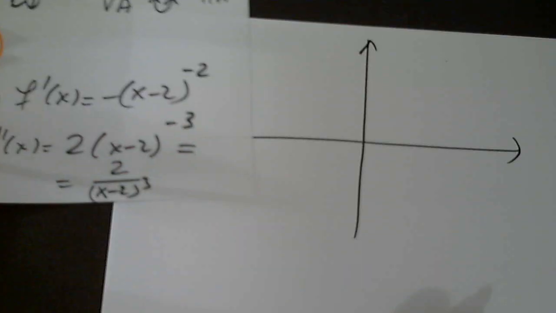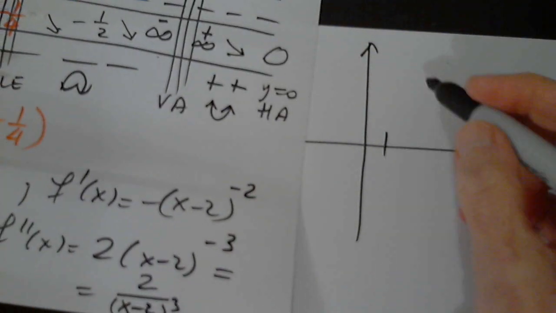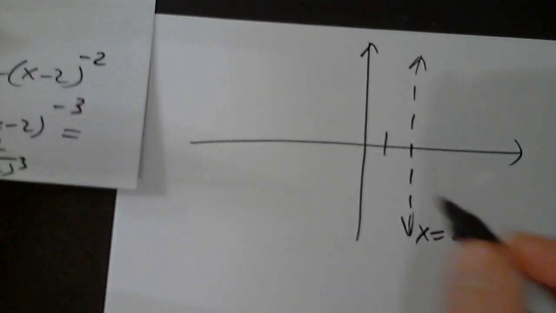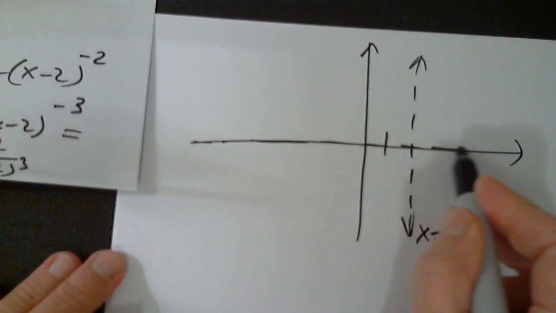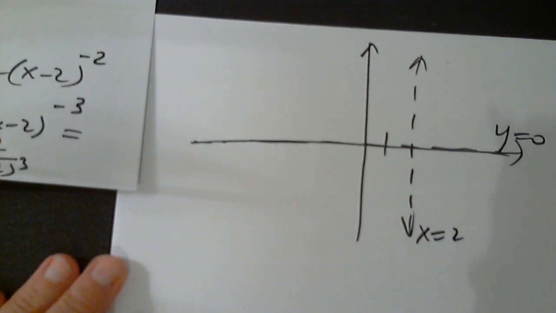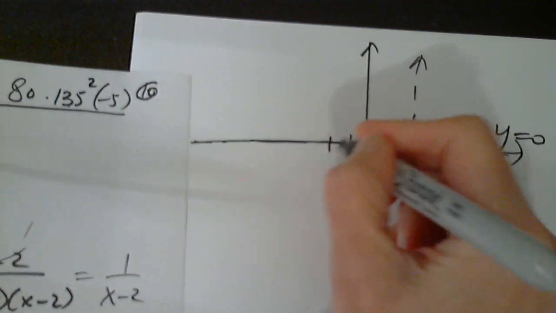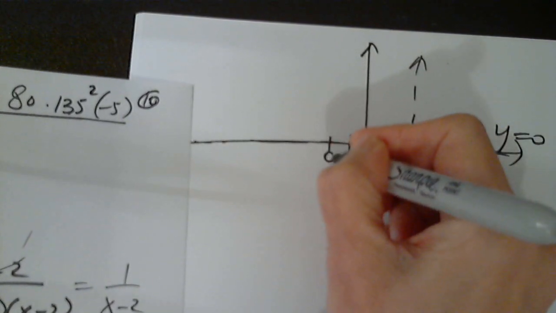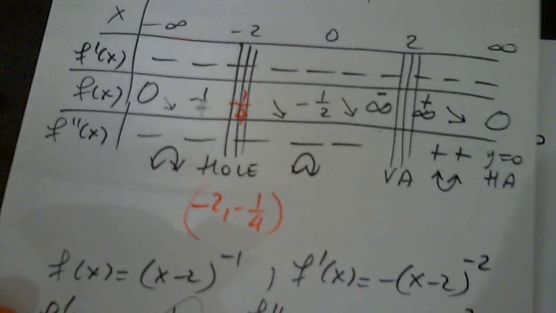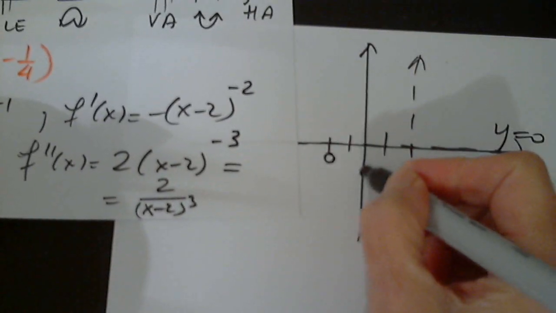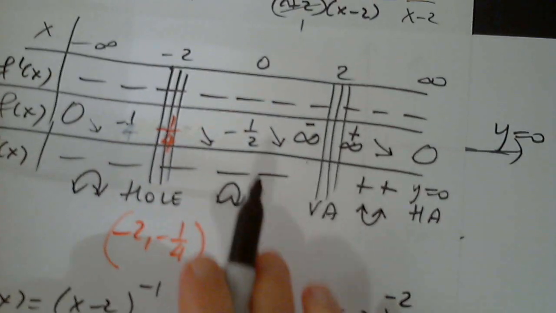When we graph a function with asymptotes, we have to graph the asymptotes first. So this is x equals 2. This is an overkill. There is no need because it's already there. And negative 2, negative 1/4. From 0 to the hole, crossing the y-axis at 0, negative 1/2 to negative infinity.